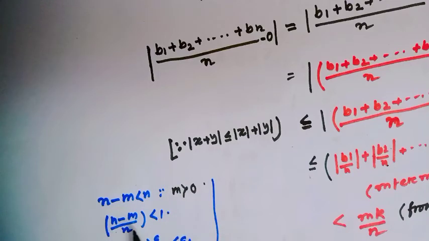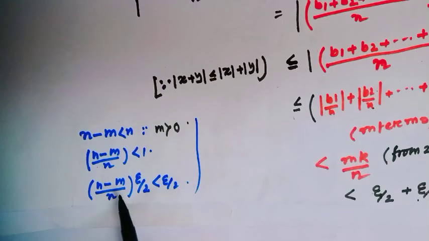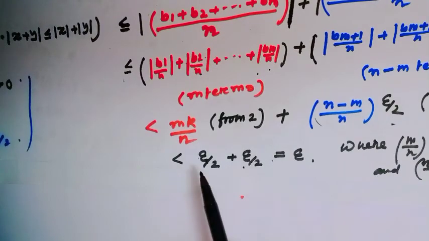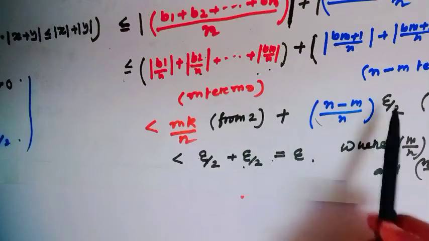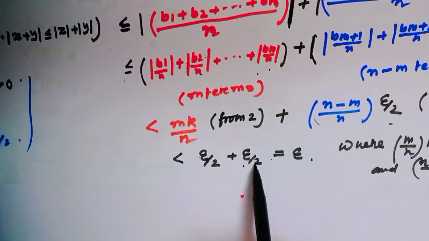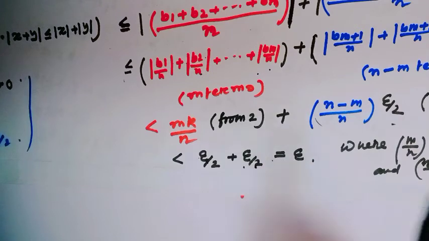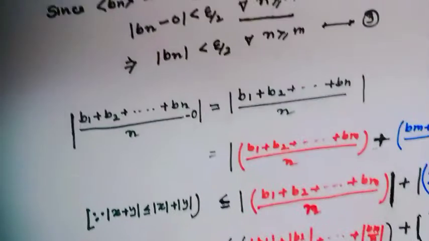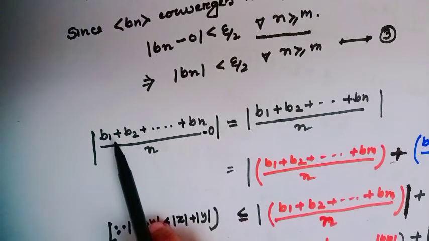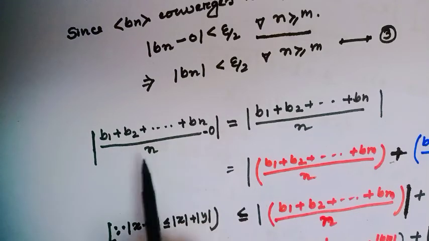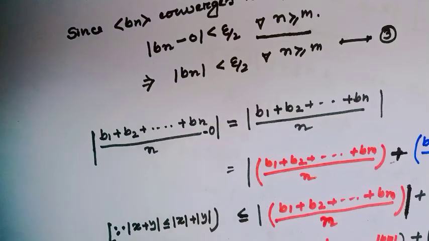That implies (n minus m) over n is less than 1. That implies (n minus m) over n times epsilon over 2 is less than epsilon over 2. That means this is less than epsilon over 2 and this is also less than epsilon over 2, so the sum is equal to epsilon. That means (b1 plus b2 up to bn) over n converges to 0. Are you getting my point?